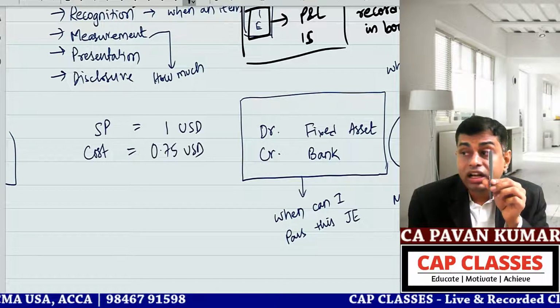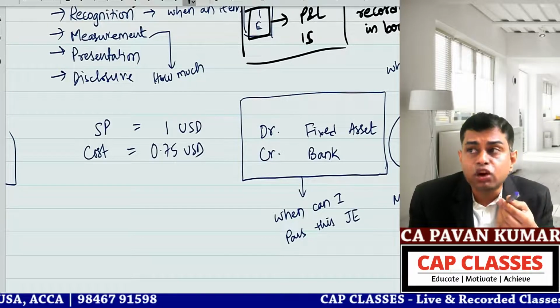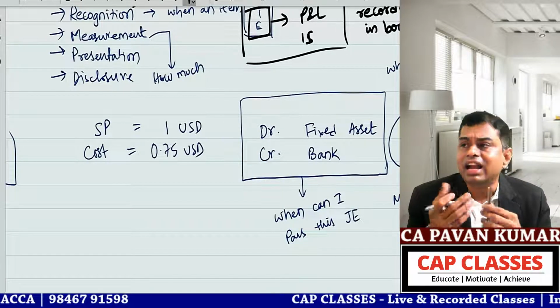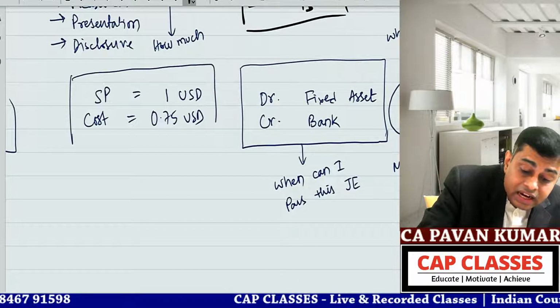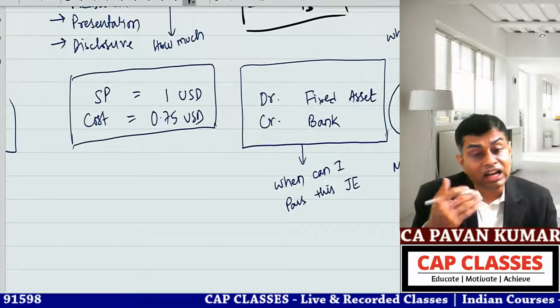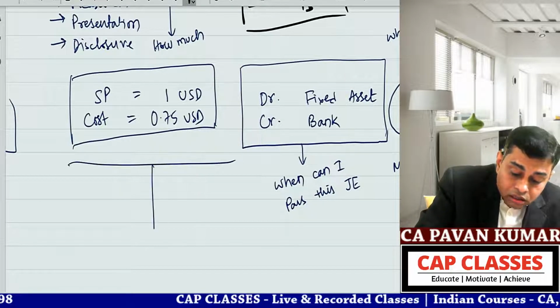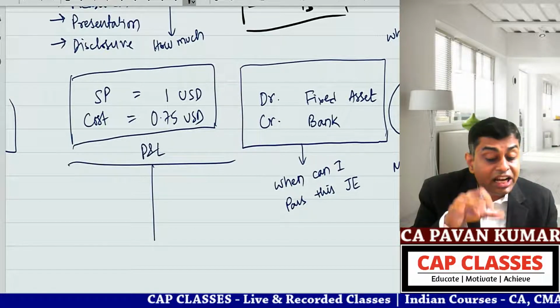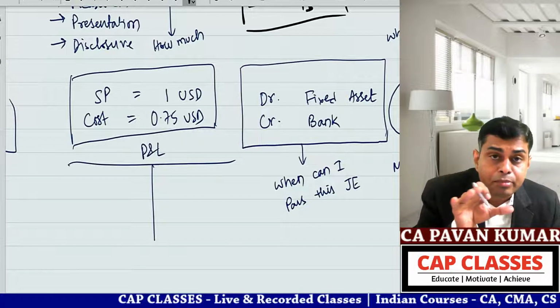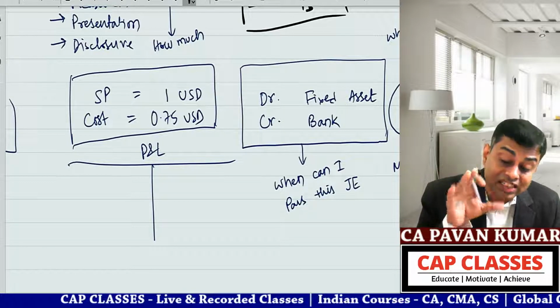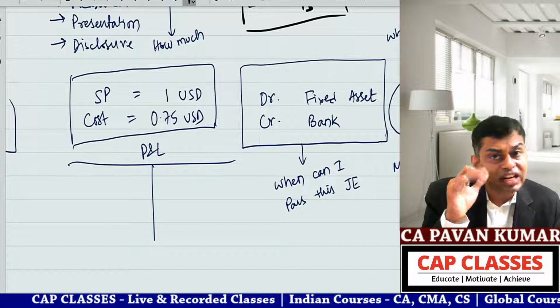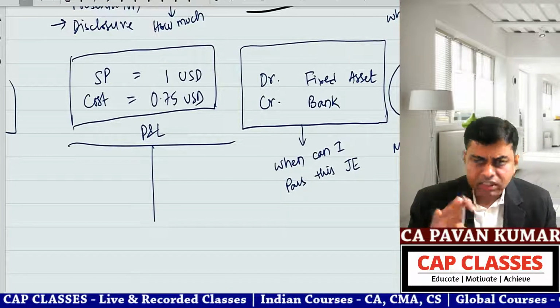So I bought this with 75 cents and I sold it at $1, and I earned a profit of 0.25. So how shall I record this in my P&L? I am preparing my P&L in T-shape. I know P&L should not be prepared in T-shape. There is a separate pro forma for the income statement. But for understanding, it is always better to use a T-shaped P&L.